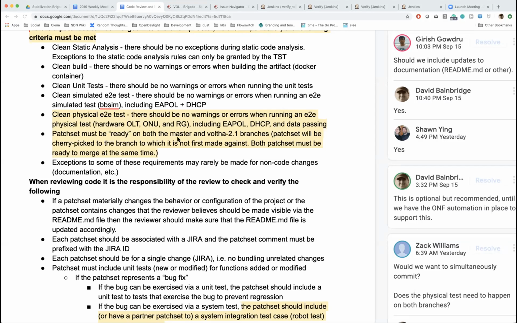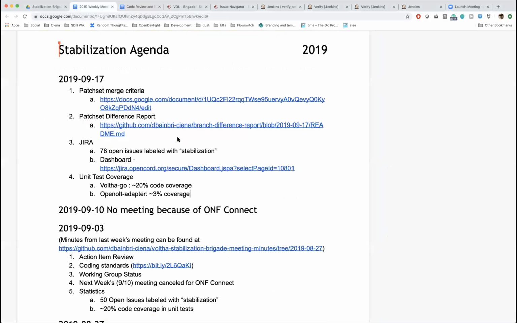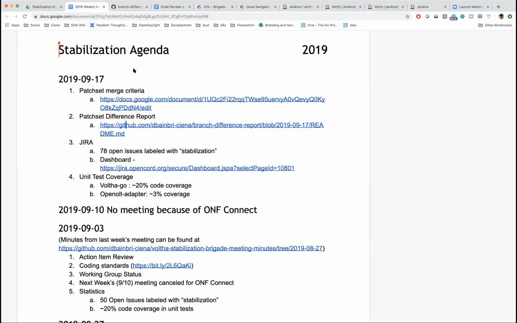All right. Next agenda item, patch set difference report. Let's go to the real report. So Zach wrote a tool that compares the master branch and the Volta 2.1 branch based on change set IDs, which are included in the commit messages.